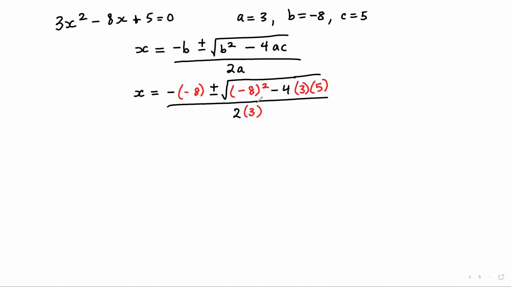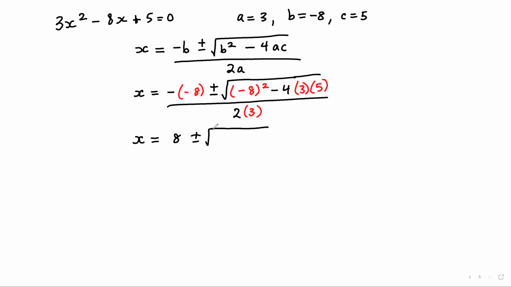Right, so now let's simplify. x is equal to, well, the minus and the minus change to a positive because this is minus times minus, so that'll be 8, plus or minus, or add or subtract, however you want to say it. Do you know what -8 squared is?